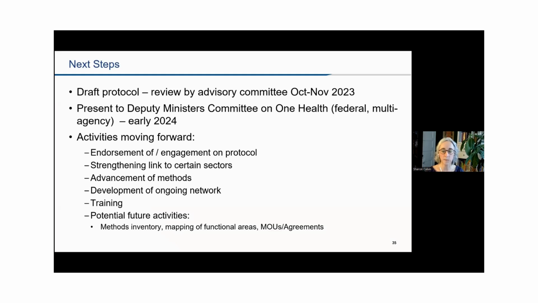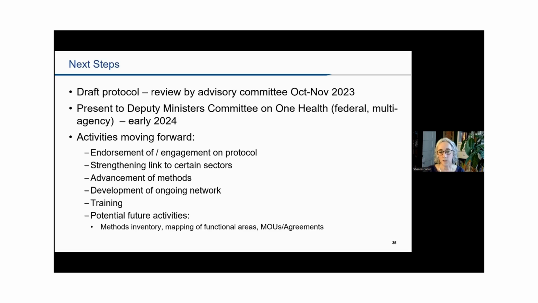And activities moving forward, we want to work on endorsement of and engagement of this approach, to strengthen the link to certain sectors, to continue to advance methods. We want to develop an ongoing network. Our advisory committee is time limited, but we want to see this work continue so that we have some sort of ongoing network.